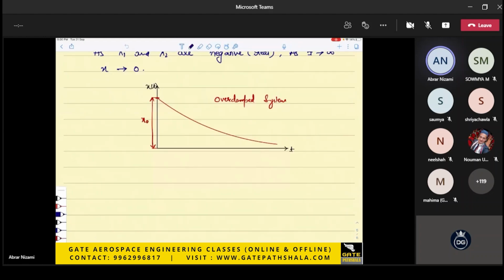Write the equation of this motion: x equals c1 e power, first take the positive power, that is, overall it is negative only, but take the plus term in the root and write it as (c by 2m whole square minus k by m) into t, plus c2 into e power (minus c by 2m minus under root of c by 2m whole square minus k by m) into t.